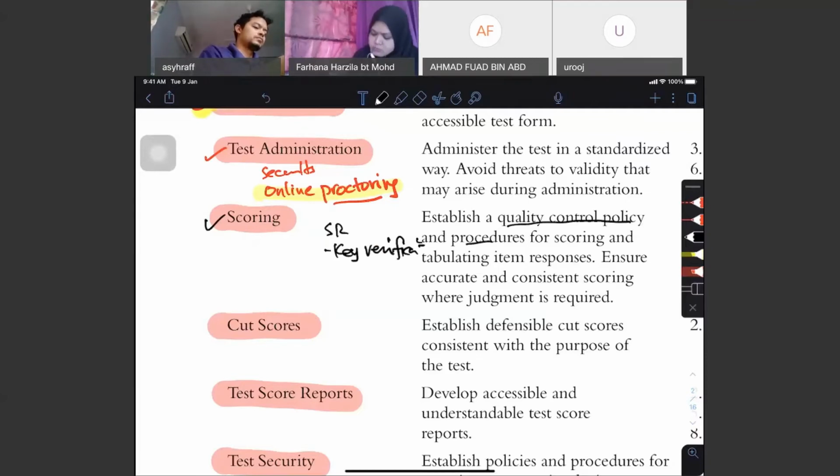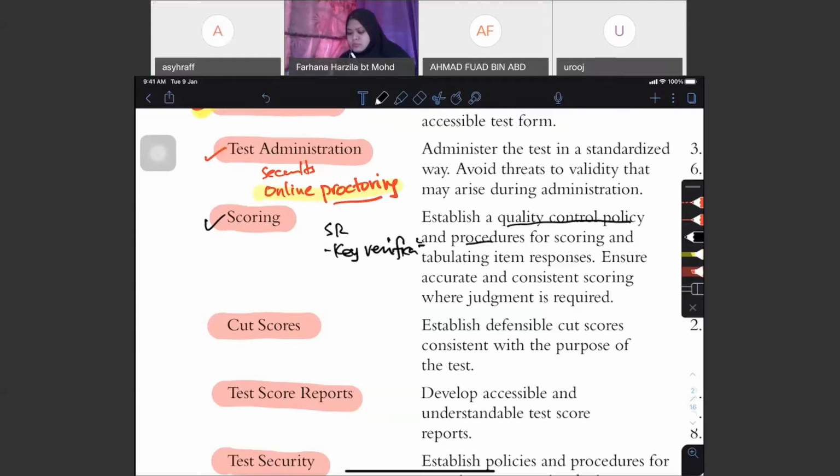Are there any mistakes in the key? And things like that. If things are okay, then we accept the marks. If things are not okay, then sometimes we will remove some questions and remark, or we change the key from true to false and remark, or change the key from A to B, B to C, whatever.